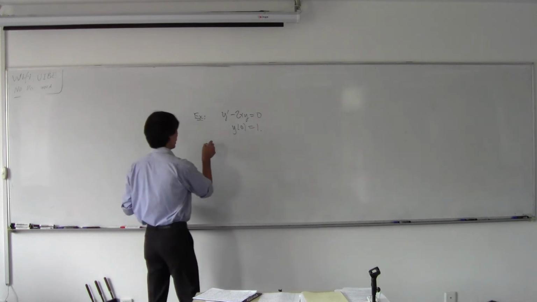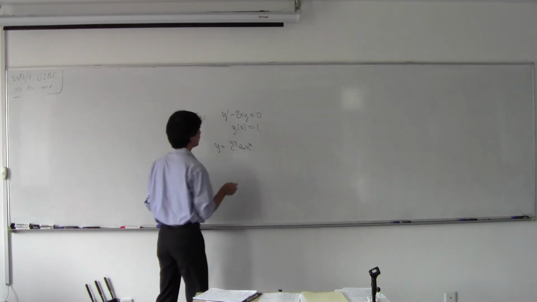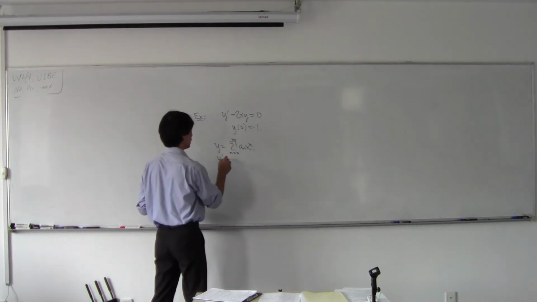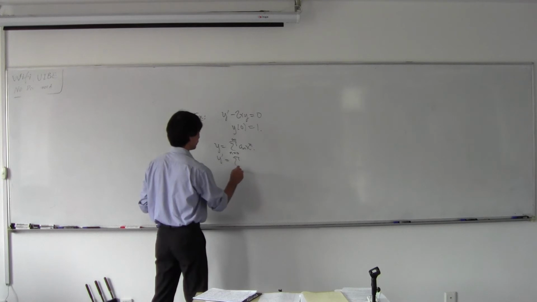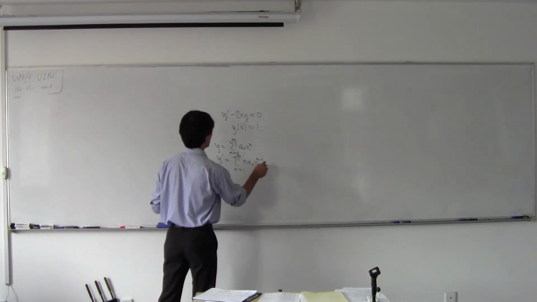So y, you say, okay, let y be a power series, right? Then y prime is going to be summation from n equals 1 to infinity of a sub n x to the n minus 1, right?